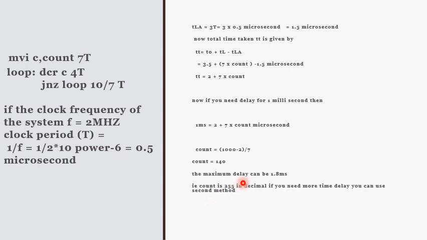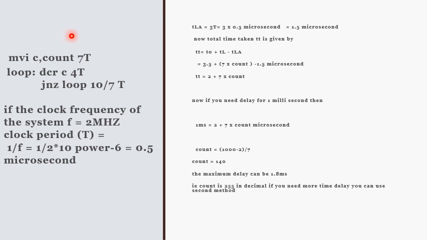So the maximum delay which can be created by means of a register is only about 1.8 milliseconds. That is, the maximum value we can load in the counter is FF. FF is nothing but the maximum value, since it is an 8-bit register. 8085 holds 8-bit values only, the maximum 8-bit value which the 8085 microprocessor holds is FF, and the minimum is 00.